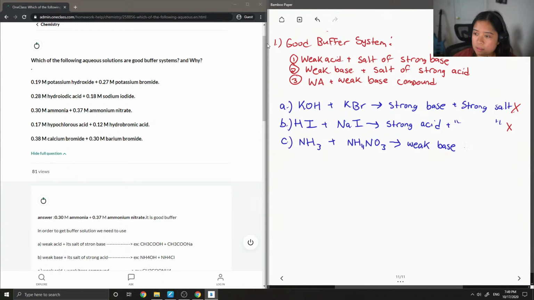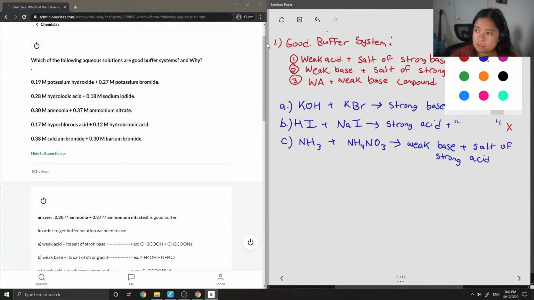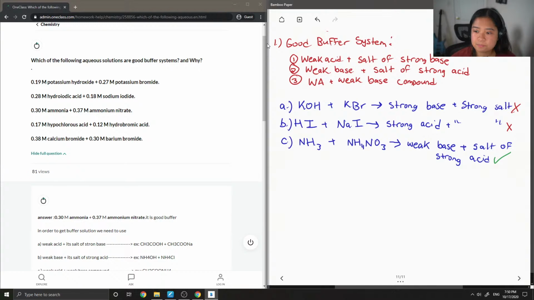And then our ammonium nitrate is an example of how you'd get a salt of a strong acid, which is the NO3. So therefore this one would be considered a good buffer system.